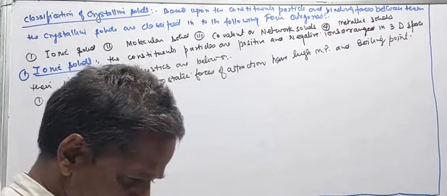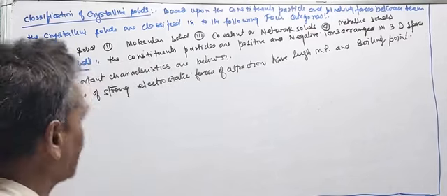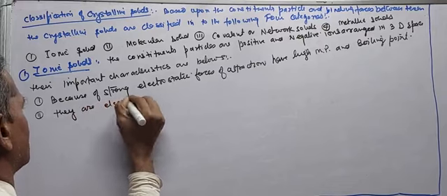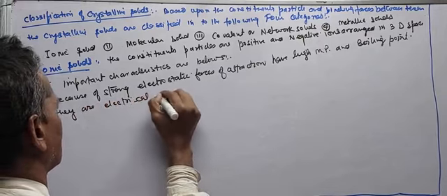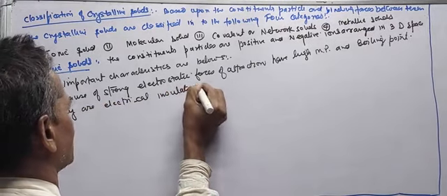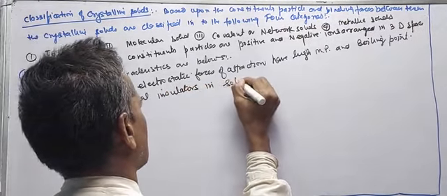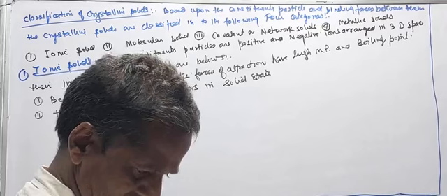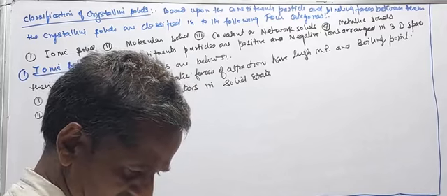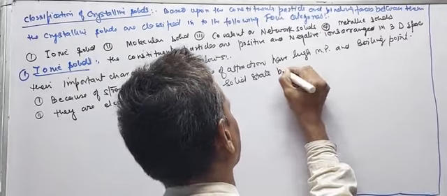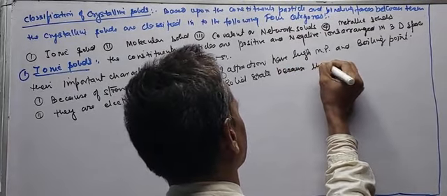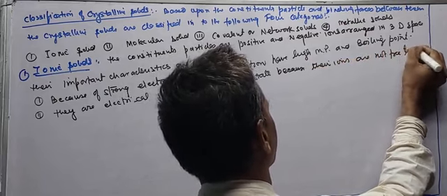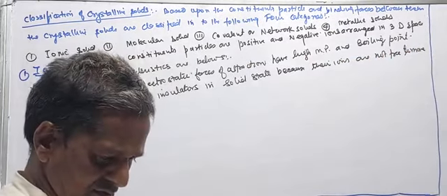They are electrical insulators in solid state because their ions are not free to move.